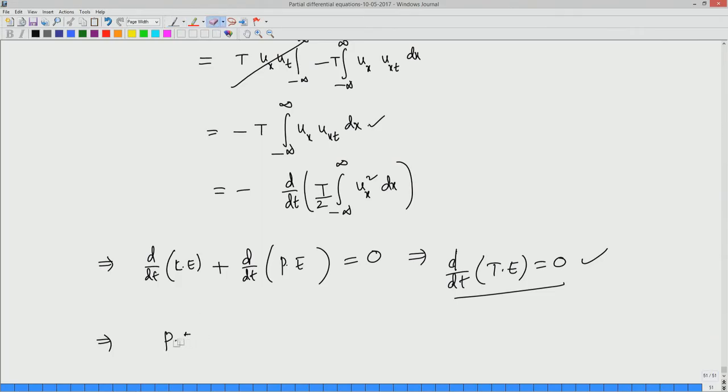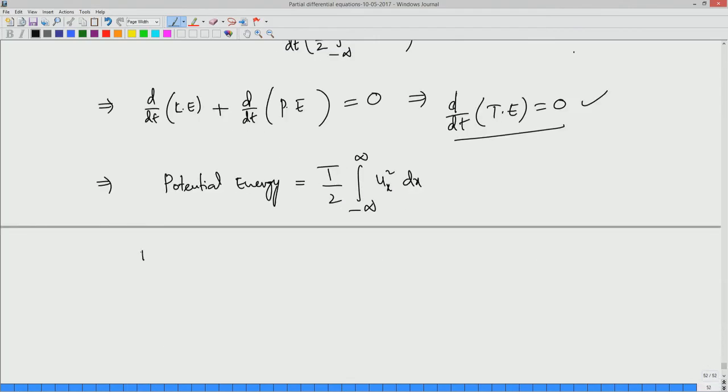The potential energy of the spring is basically T by 2 integral minus infinity u_x squared dx. So you can get this potential energy like this.